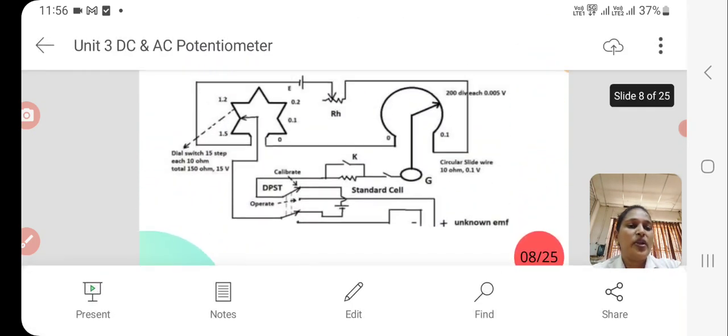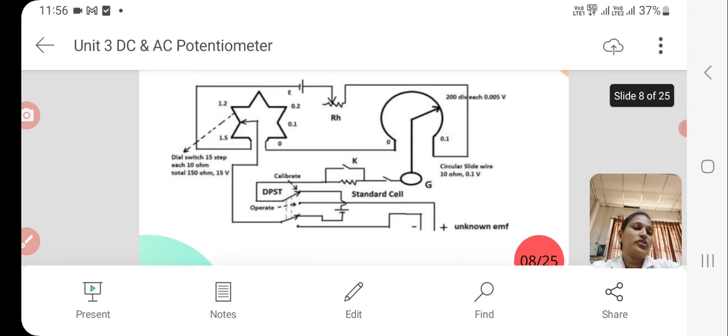The basic operation is that for calibration, the DPST is switched to the standard cell. When it is connected to the standard cell, the slide wire is moved across the entire circular slide wire so that the entire resistance gets added to the circuit. We can then find the total voltage drop across the slide wire.